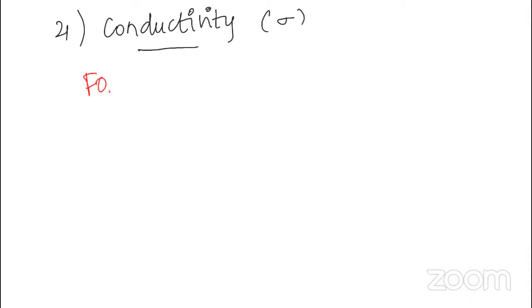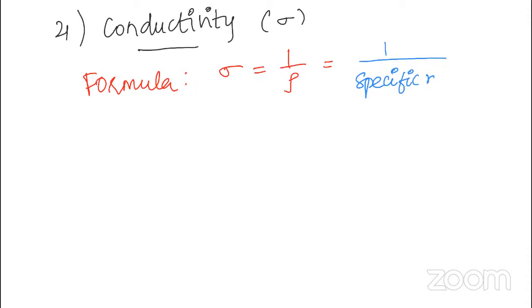Next one, conductivity, and it is denoted by sigma. Now write the formula for conductivity. Very simple formula, sigma is equal to 1 by rho. Here rho is nothing but specific resistance.